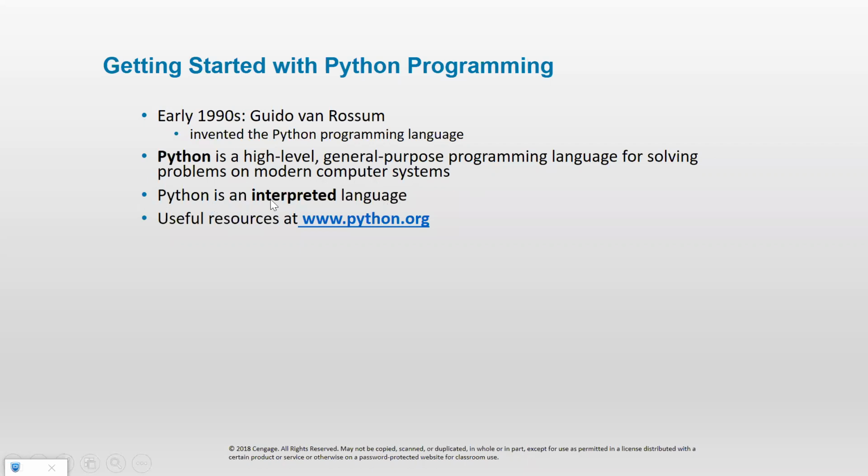Python is an interpreted language. What this means, when we write a program, you will see that. It simply means Python will interpret each instruction to binary and run it line by line, versus a compiled language. A compiled language, on the other hand, will compile the whole program.